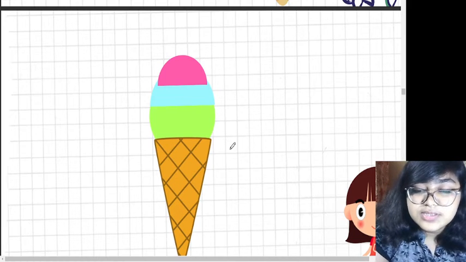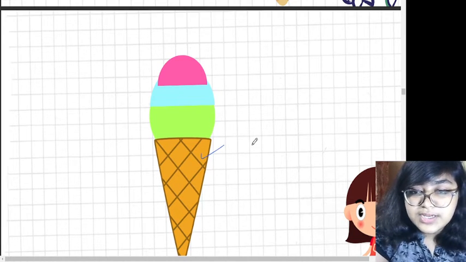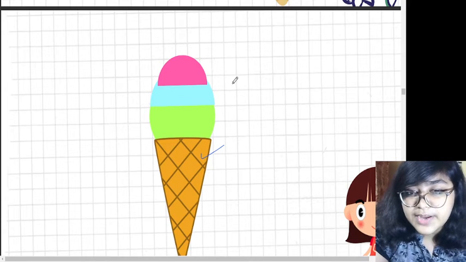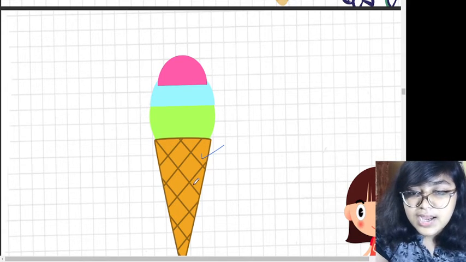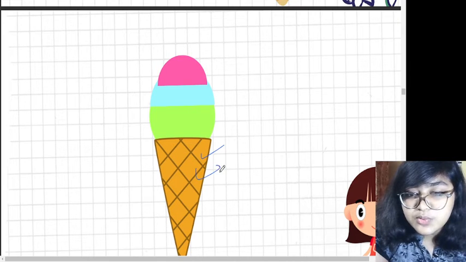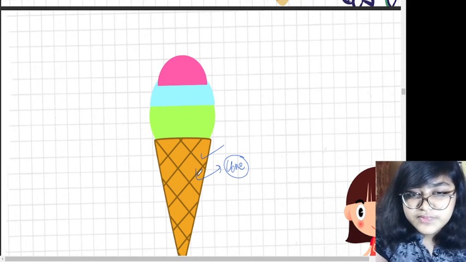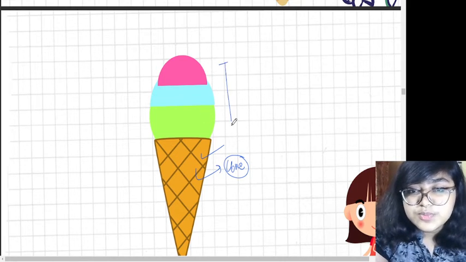Now suppose you went to buy an ice cream, and the shopkeeper gave you a cone. The cone is always fixed, as you have seen in a shop, but the scoops are different. So let's say this is a strawberry, this is vanilla, and this is a guava flavor.